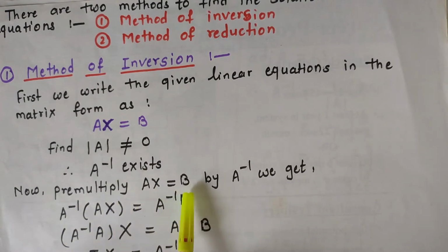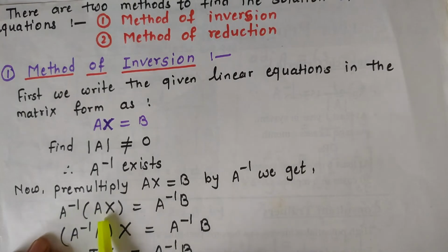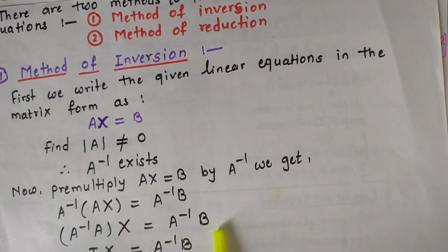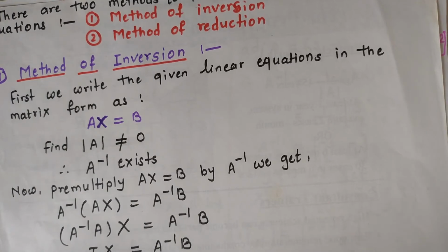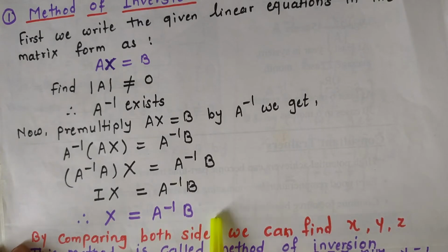Then we get A inverse into AX is equal to A inverse into B. By the associative law, A inverse A into X is equal to A inverse B. And by the definition of the inverse of A, A inverse A is equal to I. So I into X is equal to A inverse B. I into X can be written as only X, so X is equal to A inverse B.